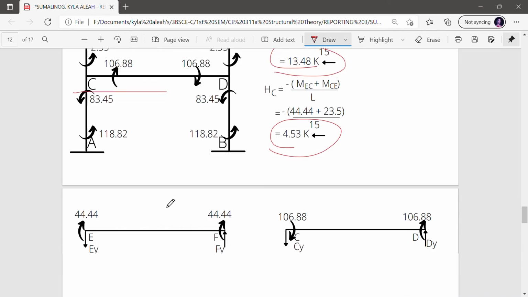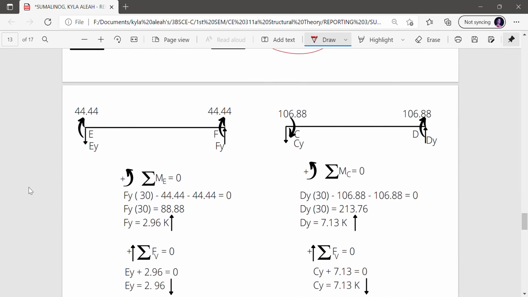Looking for the value of EY and FY, first we are going to get the moment at E. The summation of moments at E will be Fy times the moment arm length, which is 30, minus 44.44, which is the moment here, equals 0.